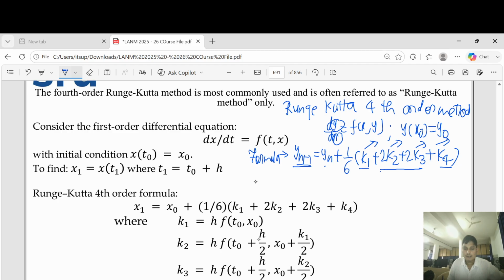So how do we evaluate k1? k1 is equal to h of f of x naught comma y naught.